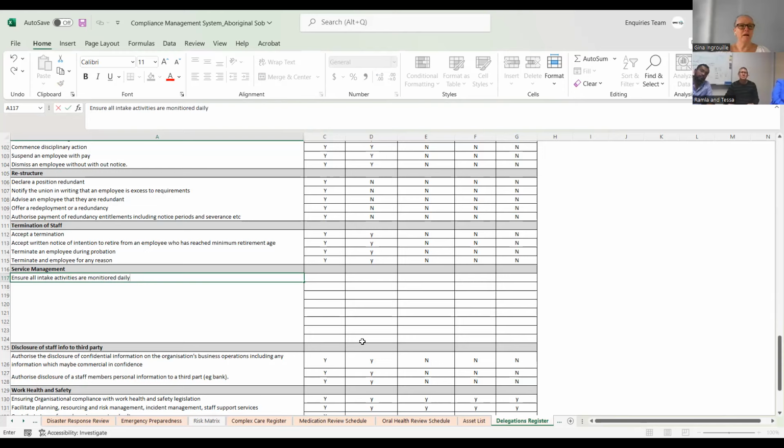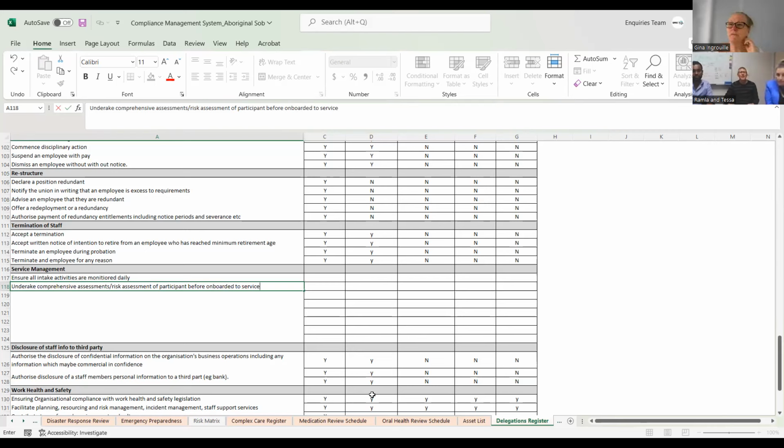And then the next one might be, you know, undertake comprehensive risk assessment of participant before onboarded to service. Yeah, something like that.